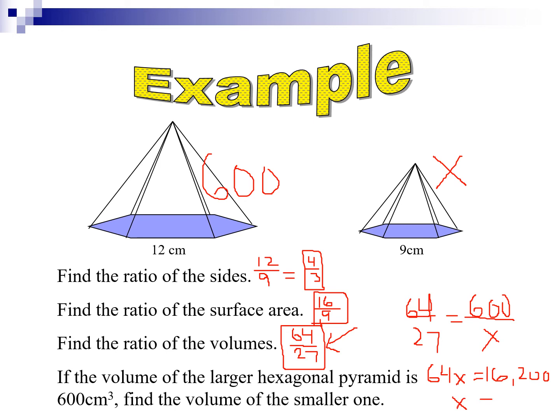And to solve for x, you just have to divide both sides by 64. Final answer is about 253.125. And then I ran out of room, but it is centimeters cubed.